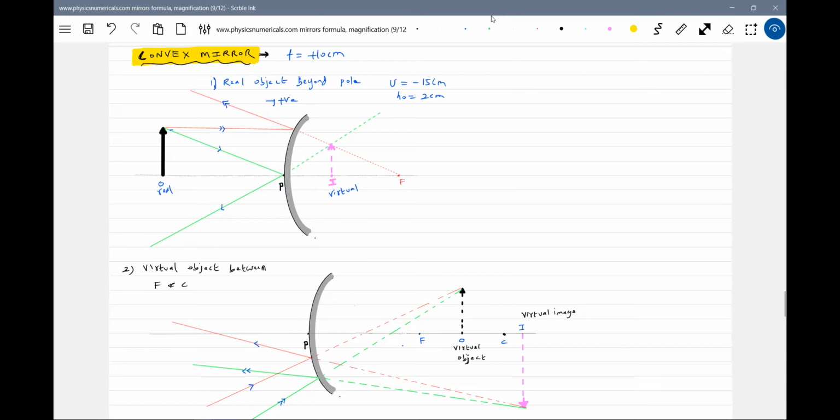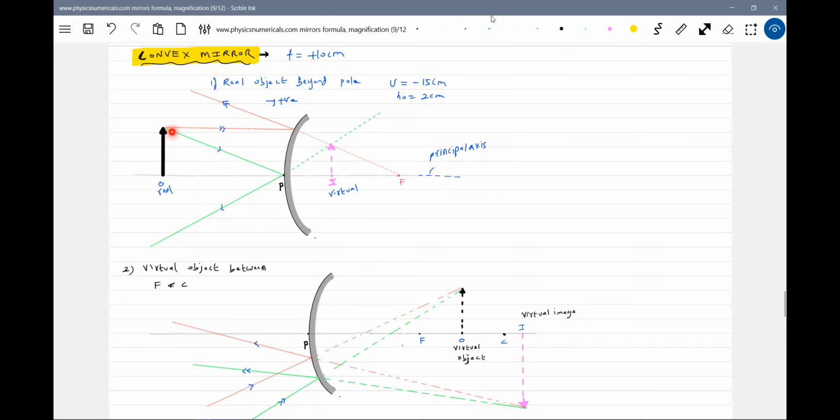Where is the principal axis? This is the principal axis. Some books call it the optic axis, either one, or only axis.